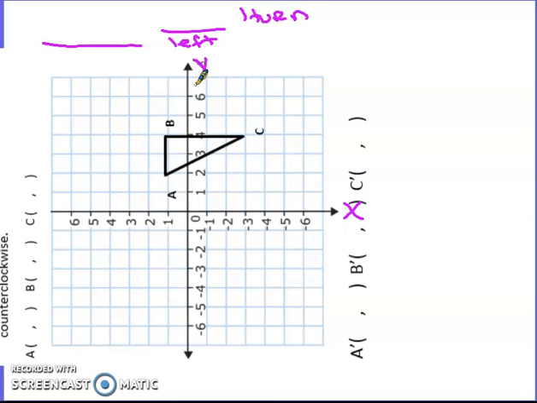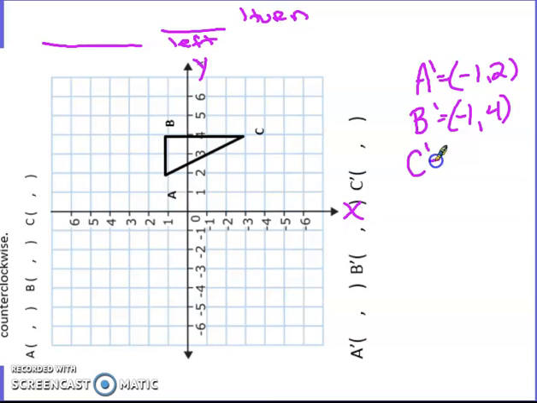That's my new y-axis. So now we can find our prime points. If we look at A prime is at negative 1, 2. B prime is at negative 1, 4. And C prime is at 3, 4. And again, those points just came from the vertices of my triangle now that I have rotated my paper.